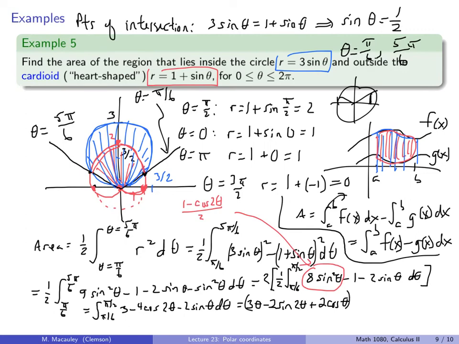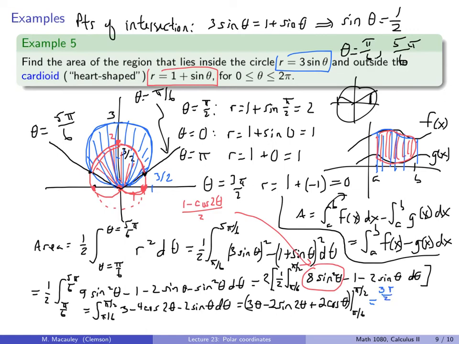Let's integrate this from pi over 6 to pi over 2. And what do we get? Let's plug in pi over 2 first. The first term is going to be 3 pi over 2.